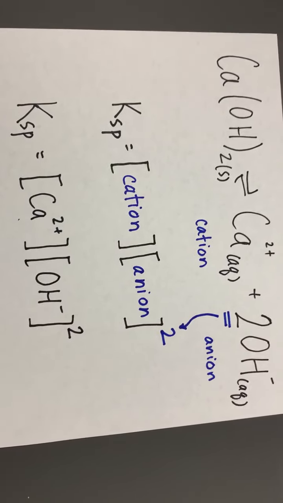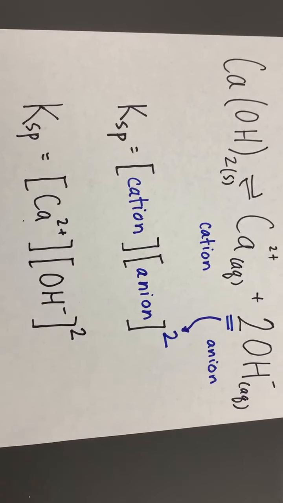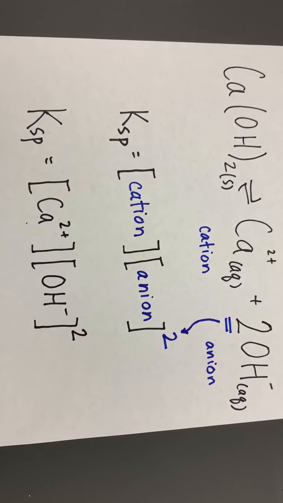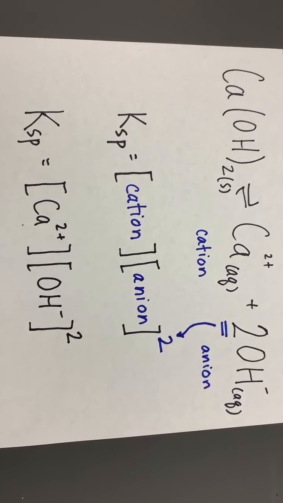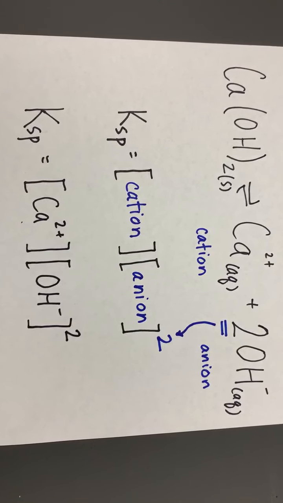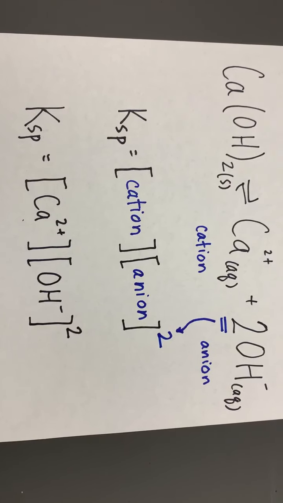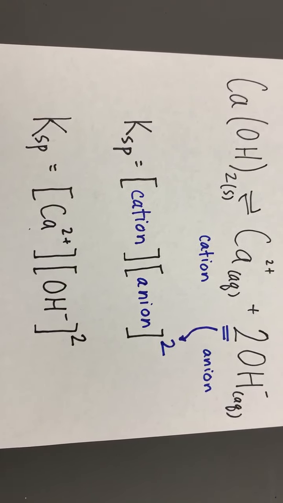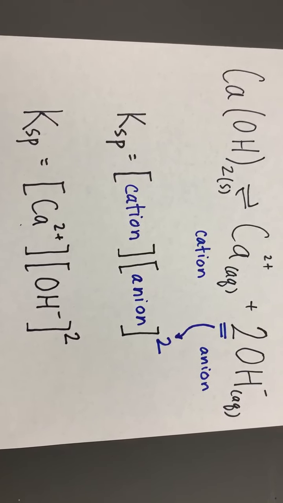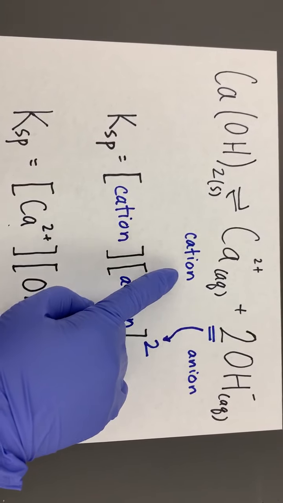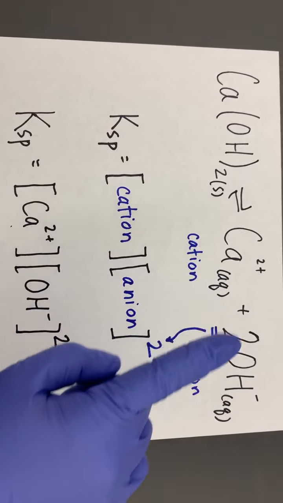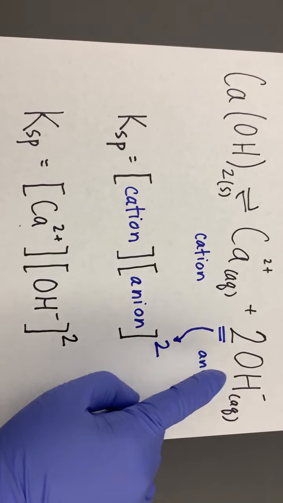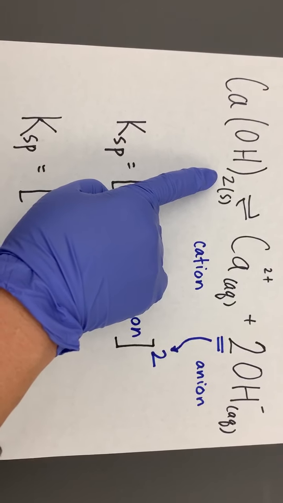If this is the case, and this is what we're going to do in lab today, we're going to be taking calcium hydroxide, which is slightly soluble in water, and we're going to dissolve it as much as possible to make a saturated solution. Now, when we have a saturated solution, what we have in solution is the cation Ca2+ and the anion OH-, and there are 2 hydroxides because of the subscript 2 here.